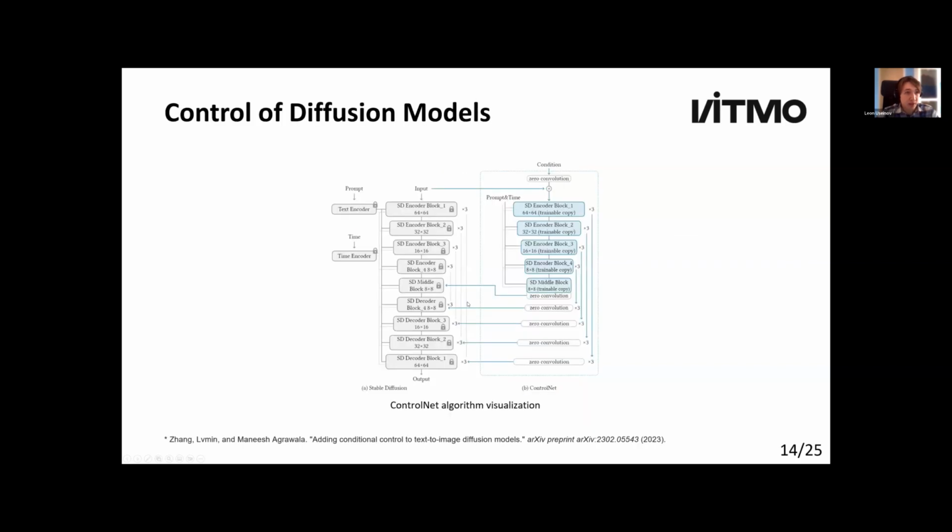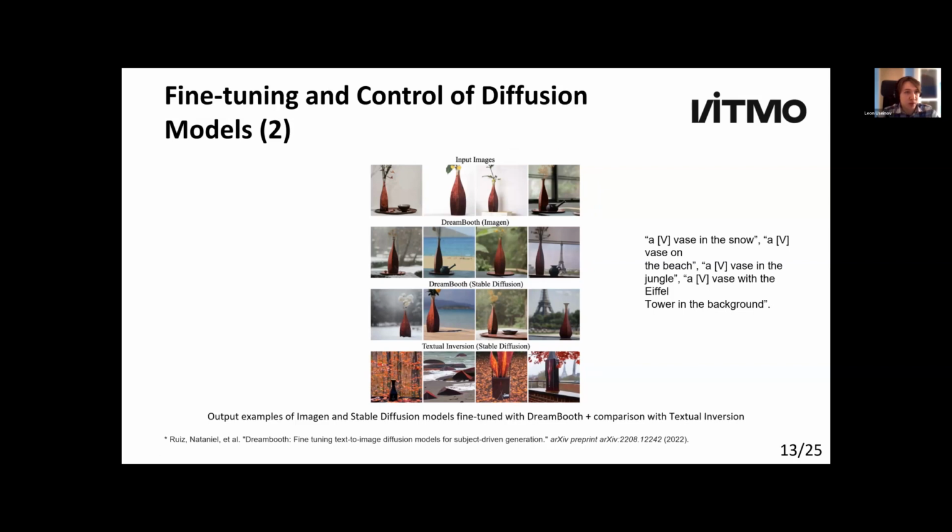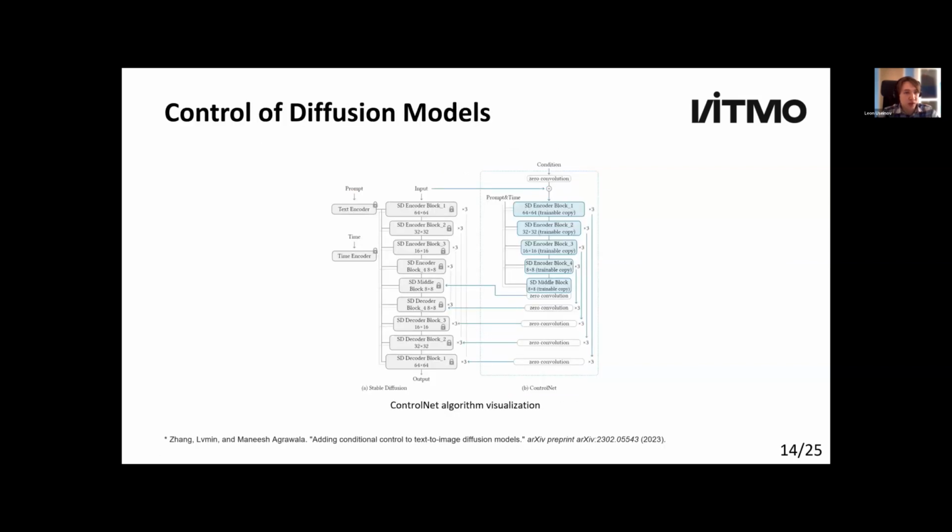Okay, these were methods for fine-tuning diffusion models, and this one is for controlling a diffusion model. This is ControlNet. The idea of ControlNet is to take a diffusion model, lock the original weights of the model, and copy encoder blocks and put them together with zero convolutions, which are 0 in the first iteration.